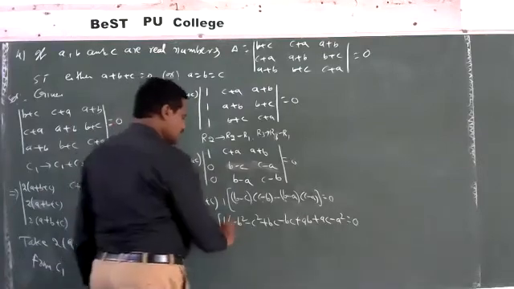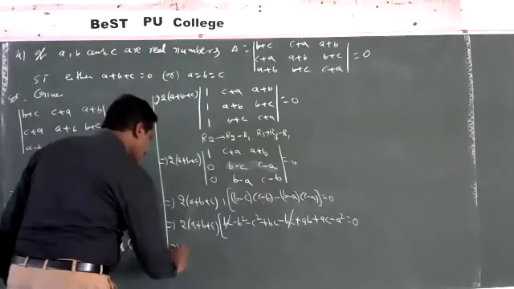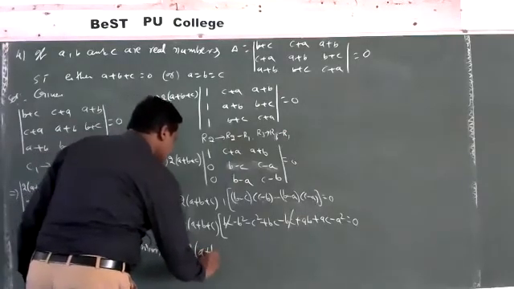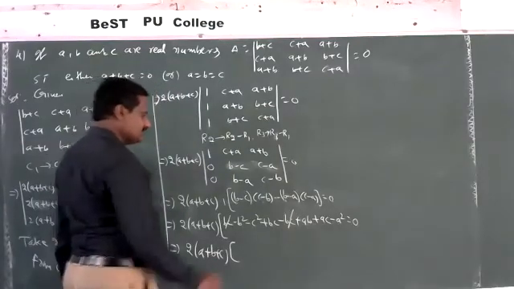Here bc and minus bc get cancelled, and we write the terms with 2 into (a plus b plus c).